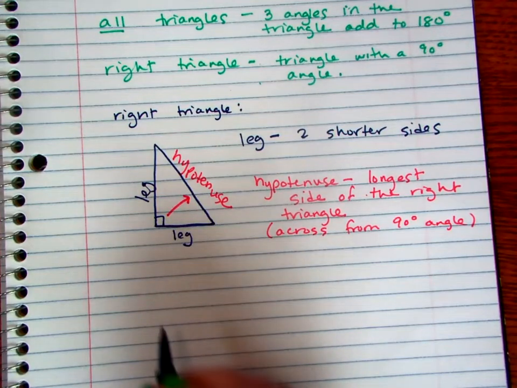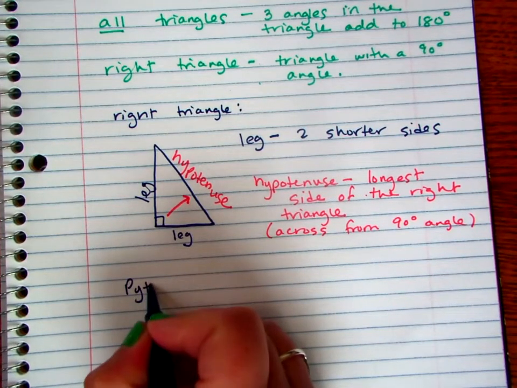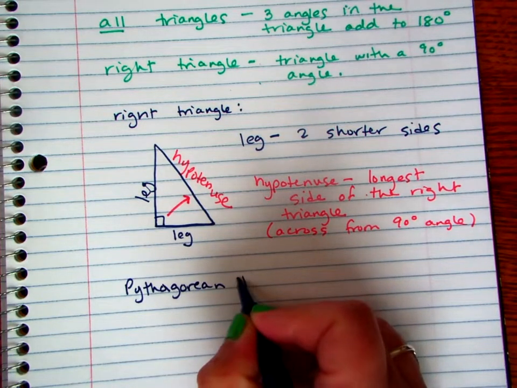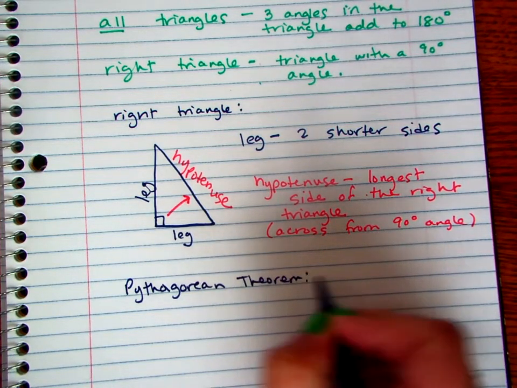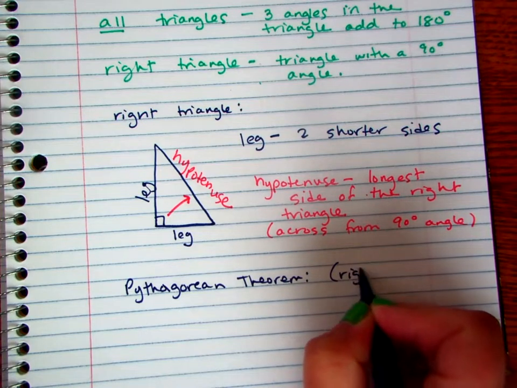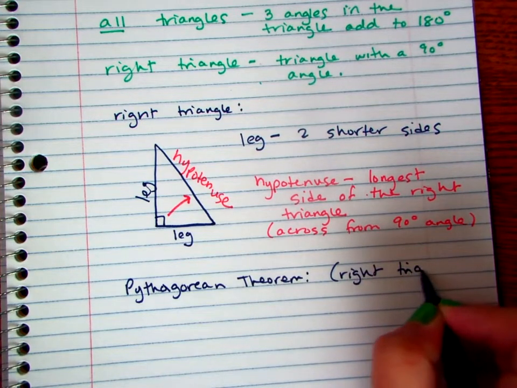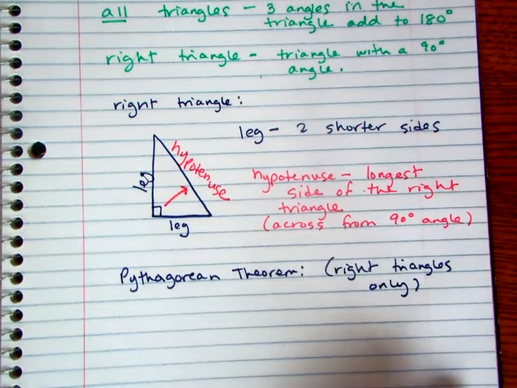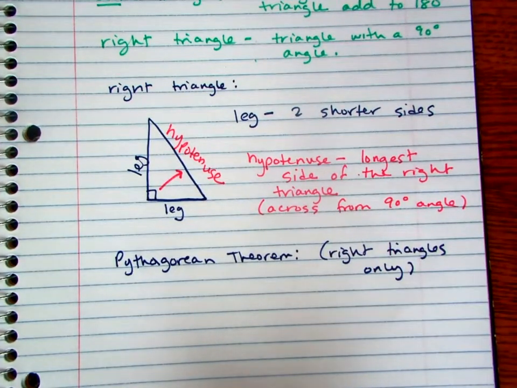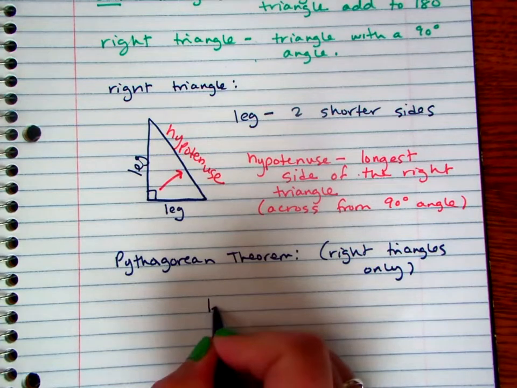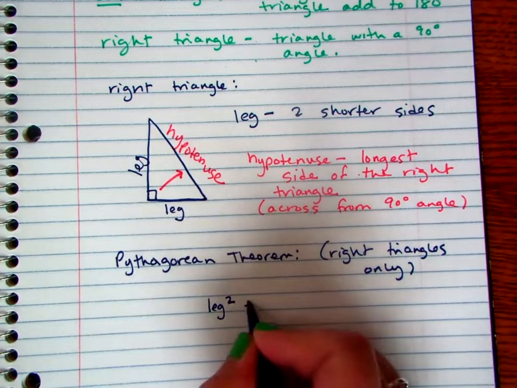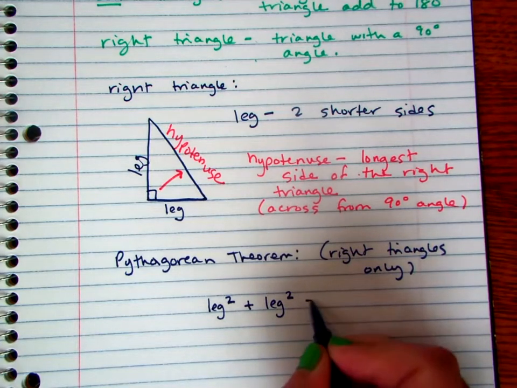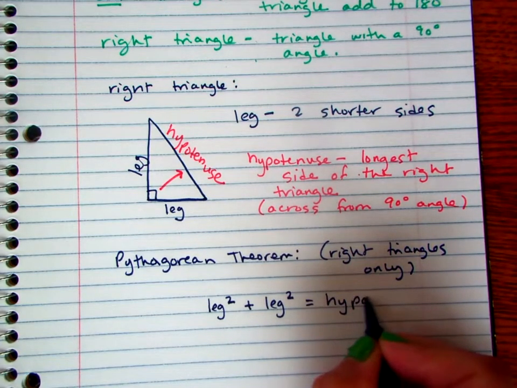So in the Pythagorean theorem, in these right triangles, what it basically says is that if you square the side on one leg, and you square the side on the other leg, it equals the hypotenuse squared.